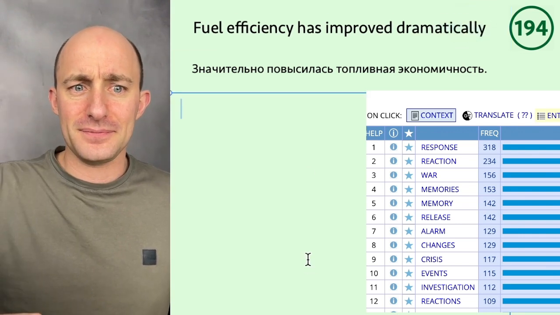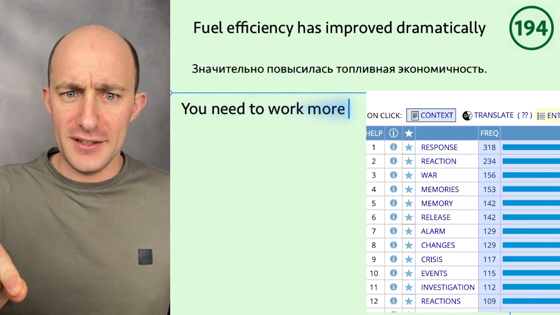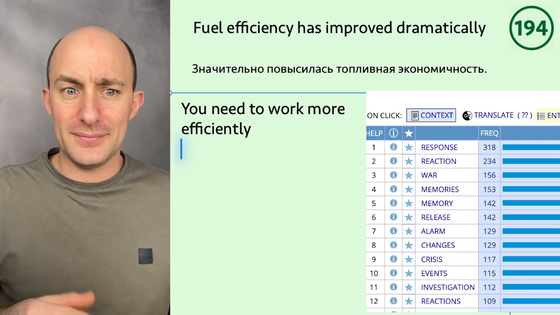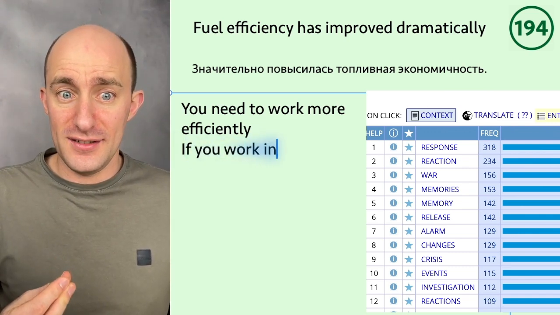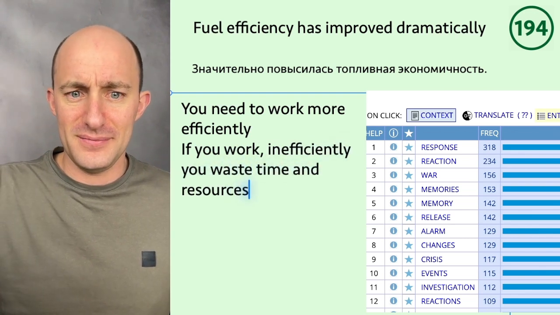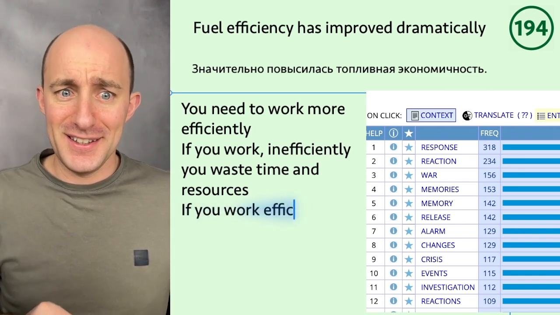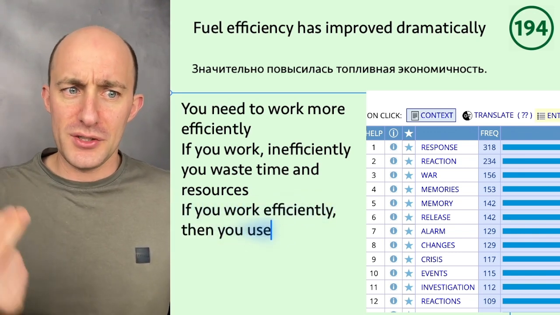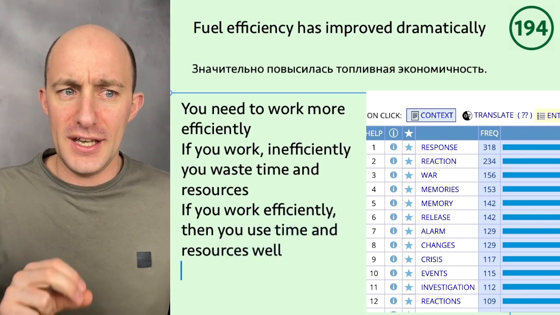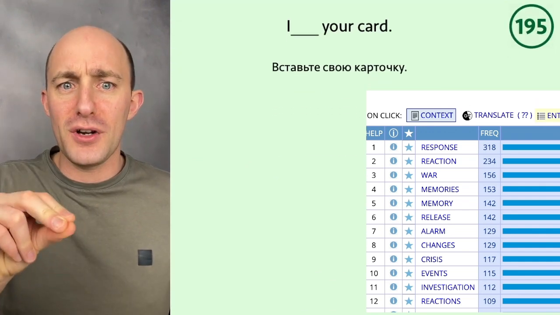Efficiency. You need to work more efficiently. So if you work inefficiently, you waste time and resources. If you work efficiently, then you use time and resources well. Efficient, inefficient. Next one.